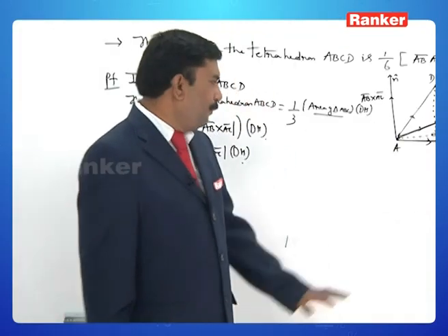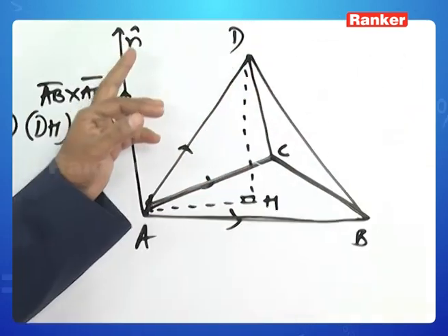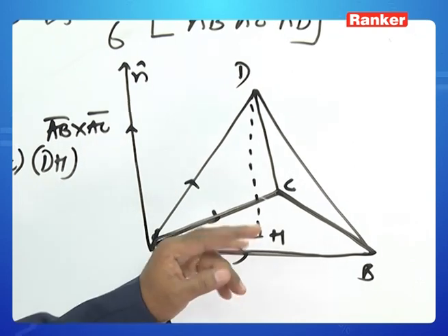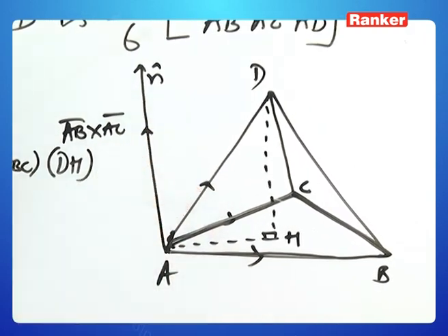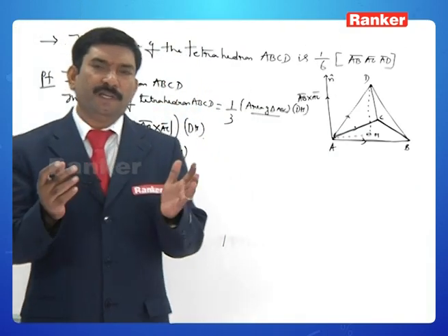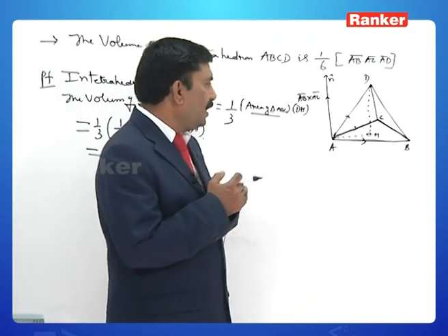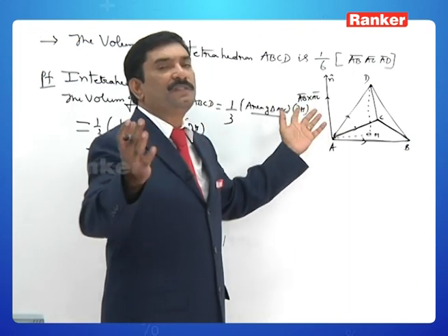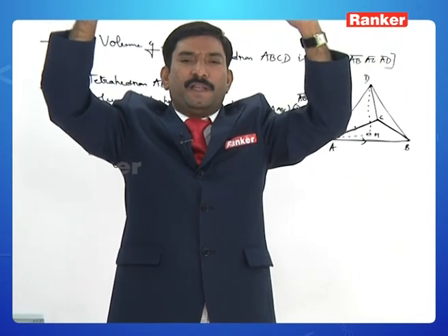Now, when AB bar, AC bar and N cap, or else when AB bar, AC bar, AD bar are in right-handed system, then the projection of AD bar on N cap is positive. Means the terminal points are on the same side.